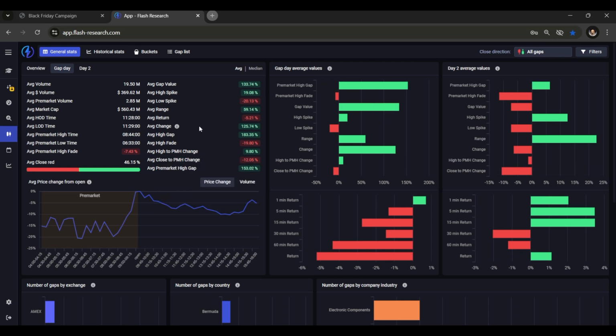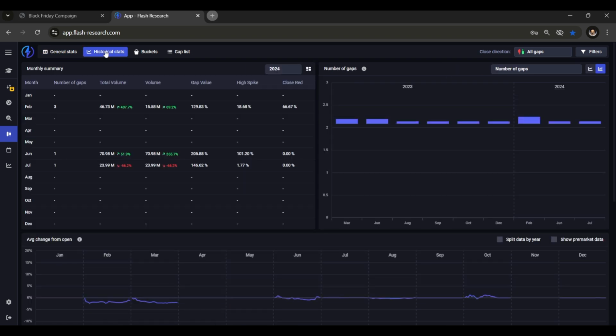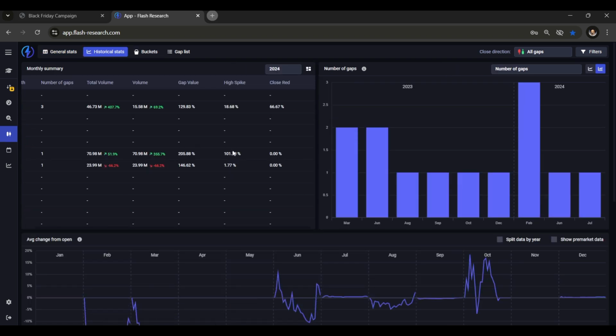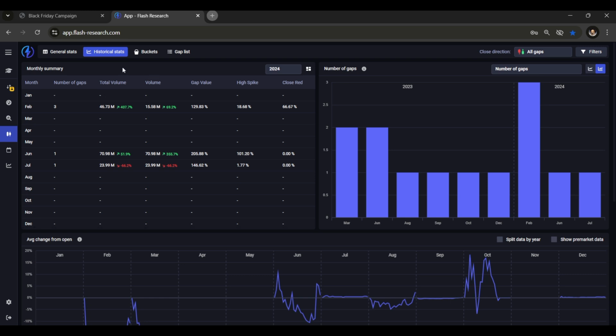So yeah, following on to the next tool of this amazing feature, you've got what we call historical stats. These are like stats, but more split into months and into years, whatever you might prefer. The first window we see is the monthly summary. In this case, we selected 2024, but you see 2023 because we had the search from that year.